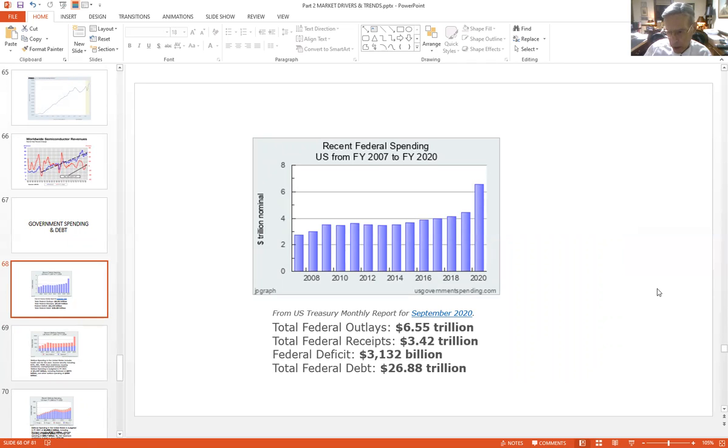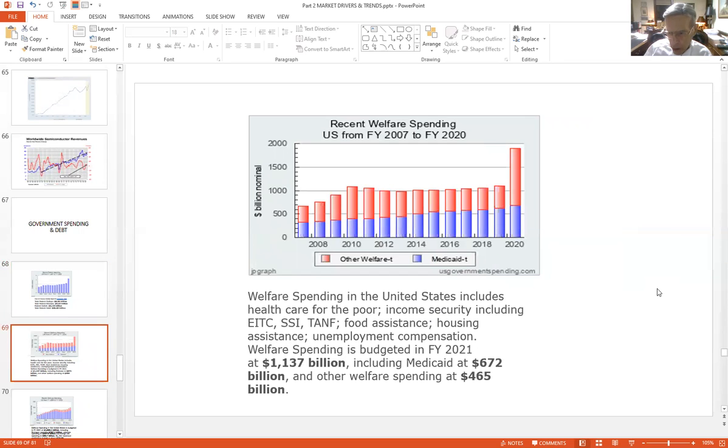So the blue bar on the right will be about the same in 2021, probably a little bit lower, but it's still going to be higher than normal. So here's the explanation that you already knew, and it's for welfare, or at least this is one of the reasons for that large deficit.